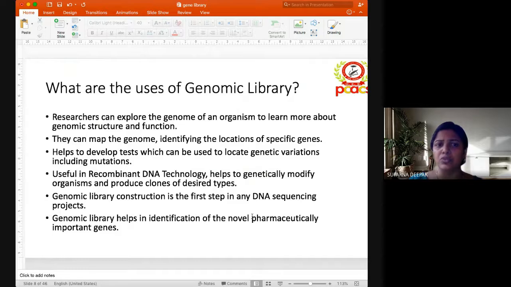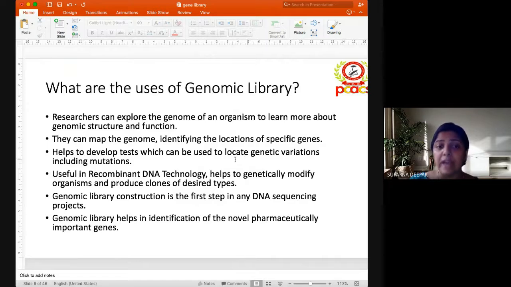Okay, so what are the uses of a genomic library? Researchers can explore the genome of an organism to learn more about genomic structure and function. They can map the specific location of genes, as I've already told you. They can develop specific tests to locate genetic variations, like SNPs, which are responsible for many diseases.